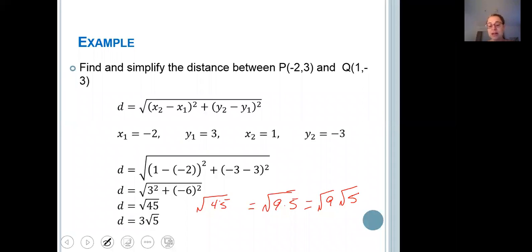So the square root of 9 times 5 is the same thing as the square root of 9 multiplied by the square root of 5. Do not do this if there's an addition or a subtraction in there. It only works with multiplication or division to separate out, like I've done here. Now, square root of 9 is 3, so this is 3 square root 5.